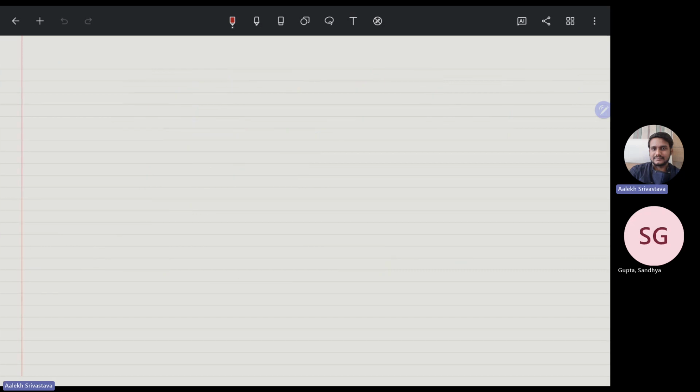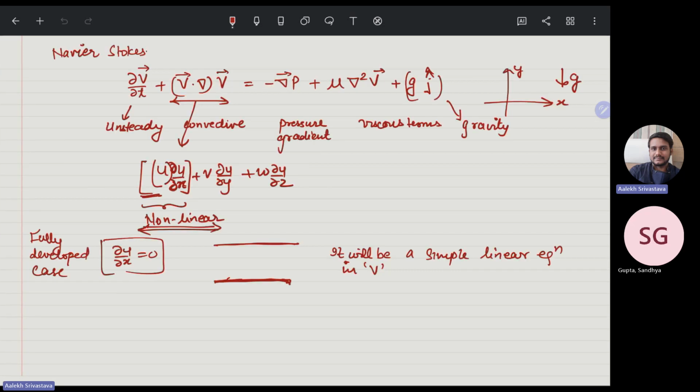First, if you see the Navier-Stokes equation, there are some questions: whether it is non-linear or linear, and which component is giving this.